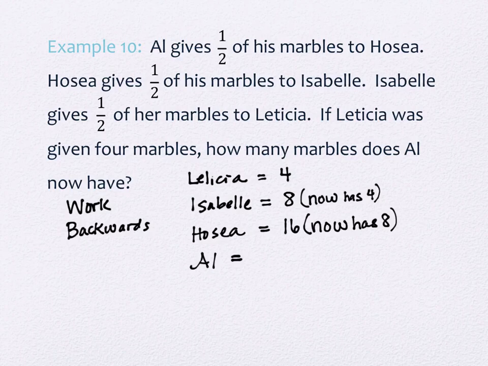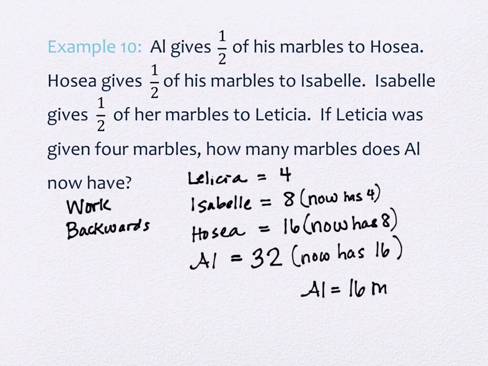Al had twice as much as Hosea because he gave half of them away, so he had 32. And he gave half of them to Hosea, and he now has 32 minus the 16 he gave away, or 16 remaining. The question says, how many marbles does Al have now? Al now has 16 marbles.